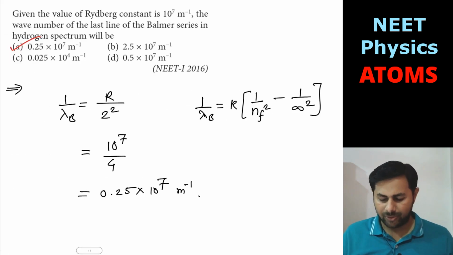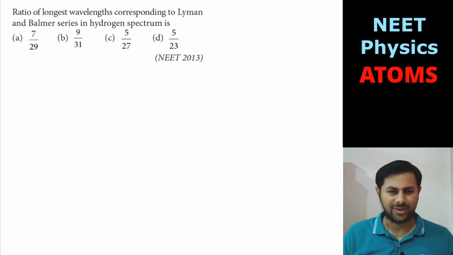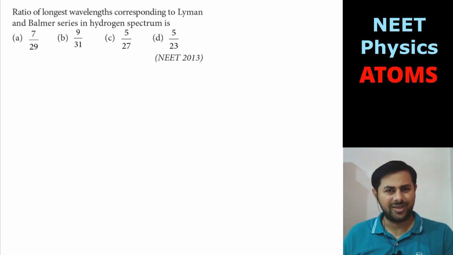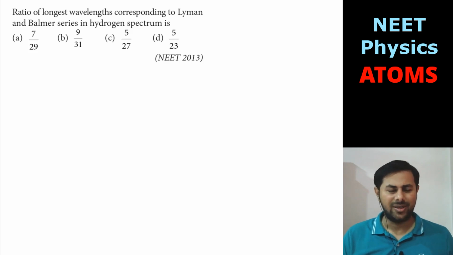Now see, this kind of question is repeated many times. First line or sometimes last line, and so on. Why are lots of questions asked on modern physics? Because theory is small, but there are too many equations. Even if you talk about the last equation, Einstein's photoelectric equation, there are 3 or 4 forms of that same equation.